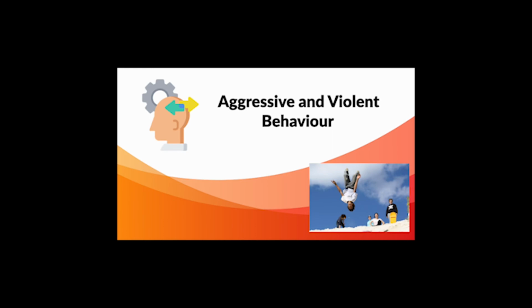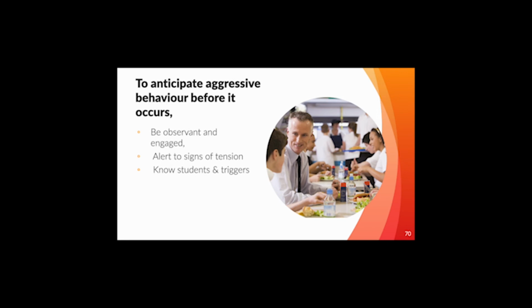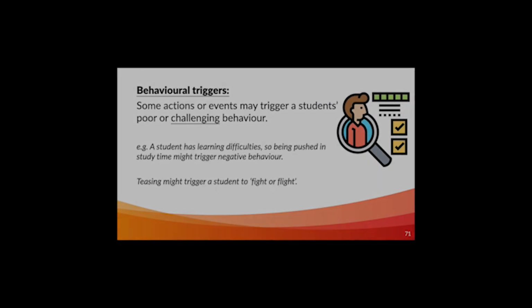We now want to look at addressing aggressive and violent behaviour. We should be trying to anticipate this sort of behaviour, aggressive behaviour, before it occurs, by being observant and engaged, alert to signs of tension, knowing the students and knowing the triggers. Some actions or events might trigger a student's poor or challenging behaviour, and we talked about this before.